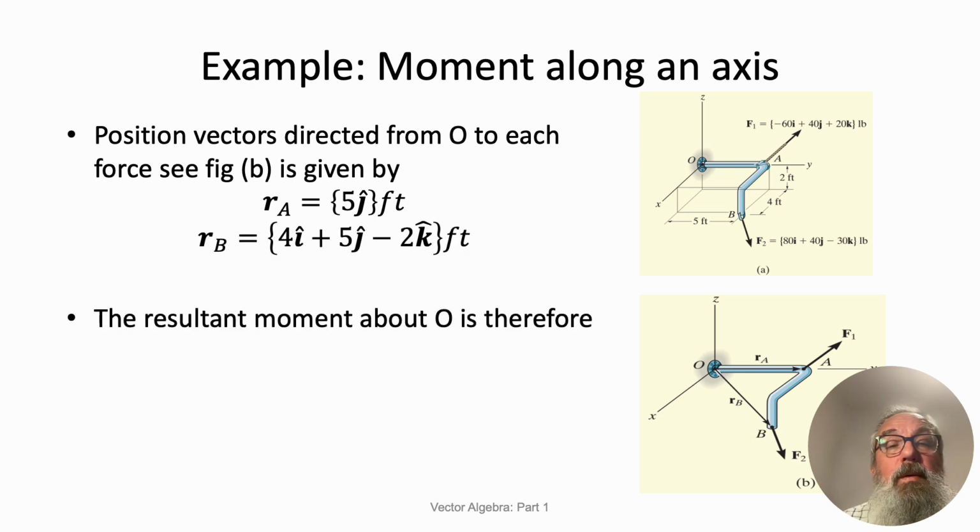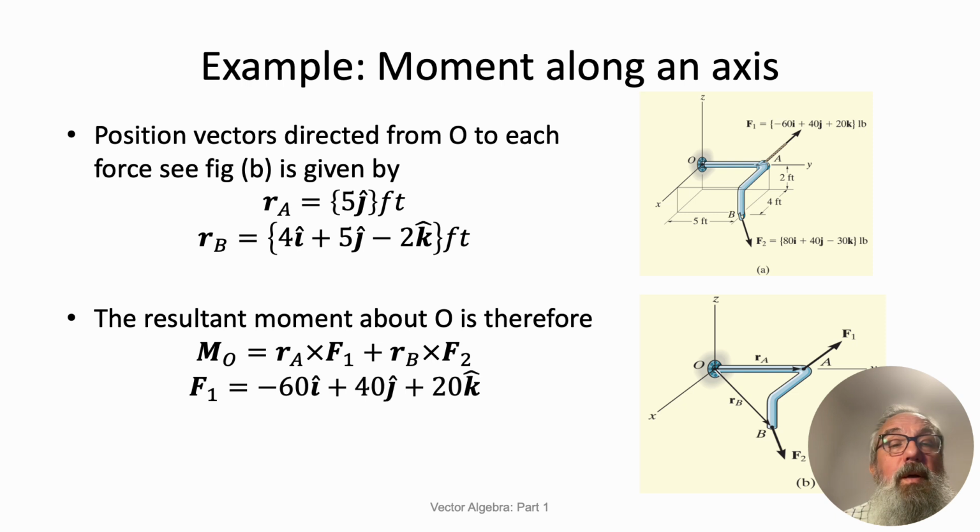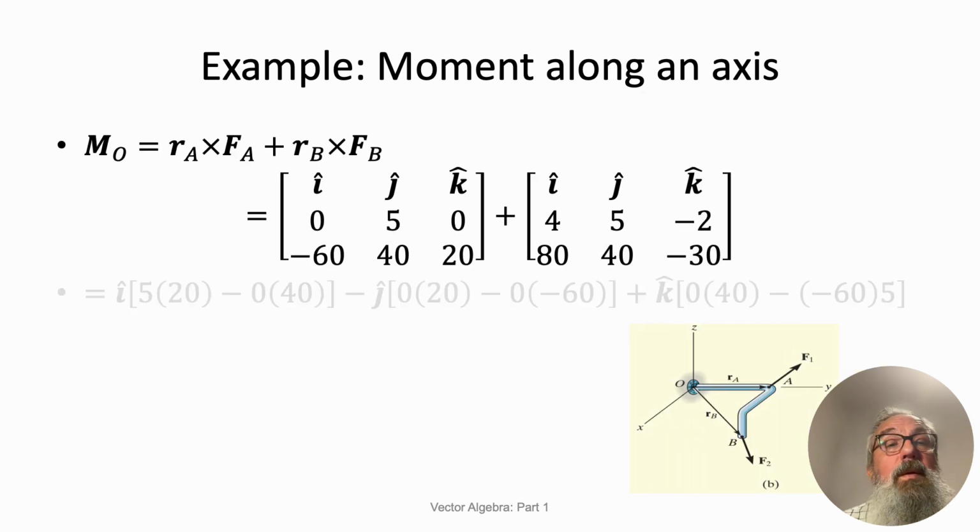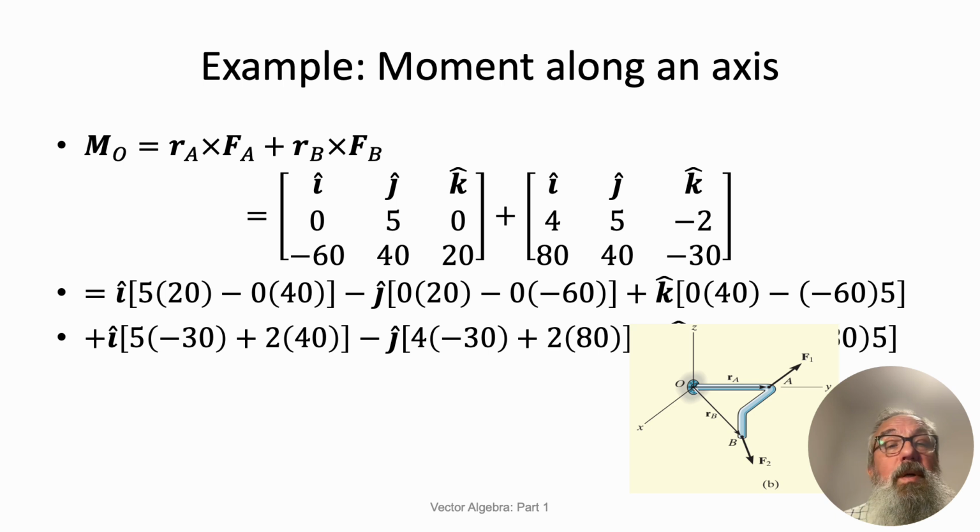The resultant moment about O is therefore the cross product of RA with F1 and the cross product of RB with F2. If F1 is that vector as given, F2 is that vector as given, then we simply cross product the two with your determinant expansions and add all the components.